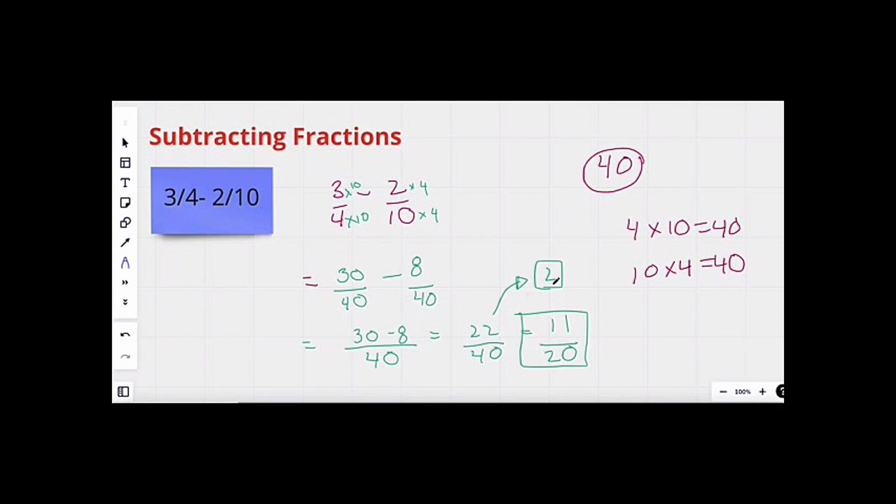Another way to say it is 2 times something equals 22, and 2 times something else equals 40. And this is that something and something else. 2 times 11 equals 22, and 2 times 20 equals 40. So our furthest reduction, so when we have to simplify our answer or reduce it to the lowest terms, the final answer is 11 over 20.